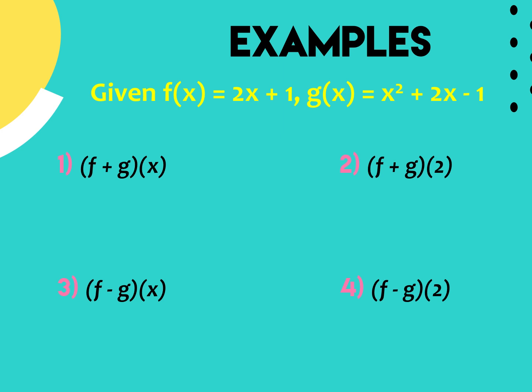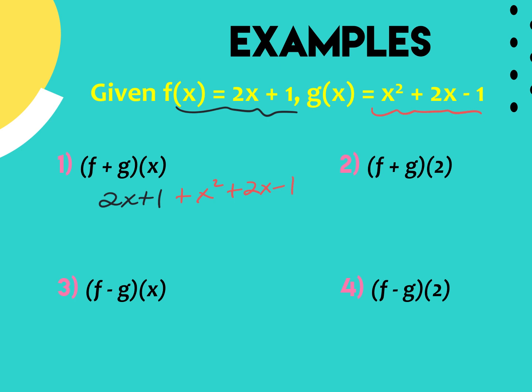So essentially all we're doing is combining like terms when we add two functions together. I'm going to take my f of x function, which is the 2x plus 1, and add that to the g of x function, which is the x squared plus 2x minus 1. Now I'm just going to look for my like terms.